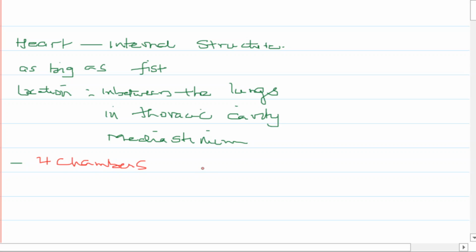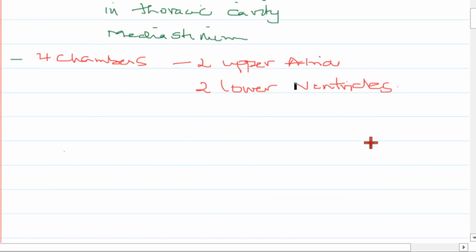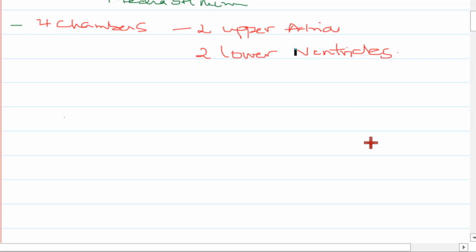And you already know that 2 upper atria and 2 lower ventricles. Okay, let's look at them more closely.